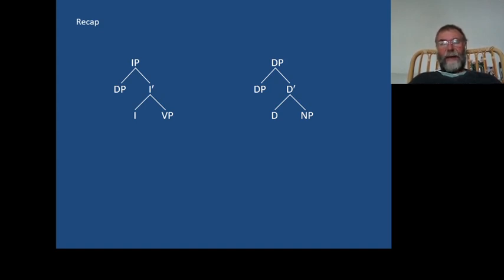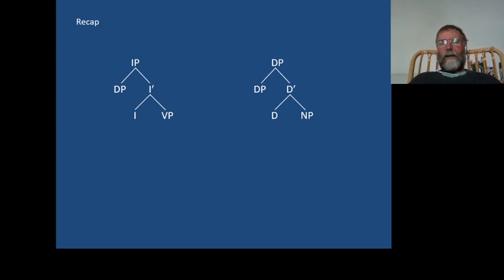Above that is the X-bar with one bar on it. That's the first level of projection. And then above that is the X with two bars on it, sometimes called the X double bar, or equivalently the XP. Now, we've applied this analysis to both clauses and to nominal phrases.